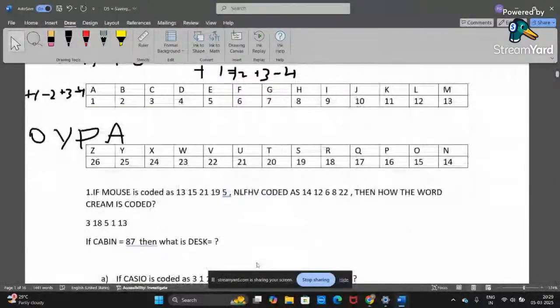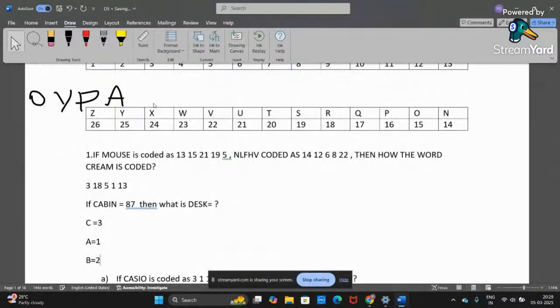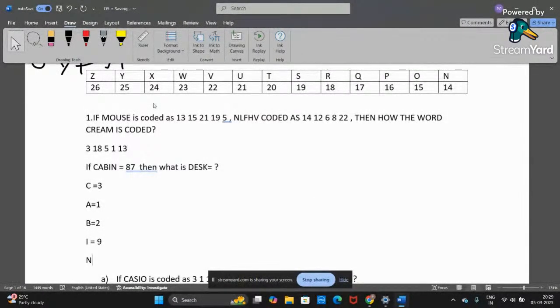See, the letter C. What is the number here? It is 3, right? For A, it is 1. For B, it is 2. For I, it is 9. For N, it is 14, right?